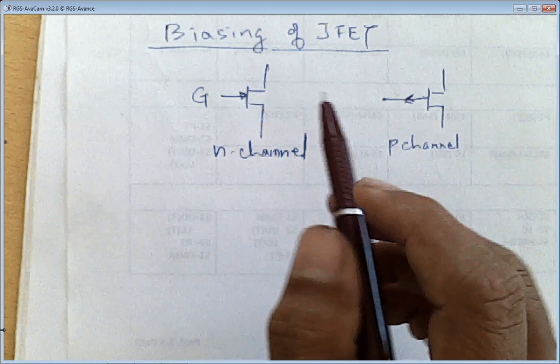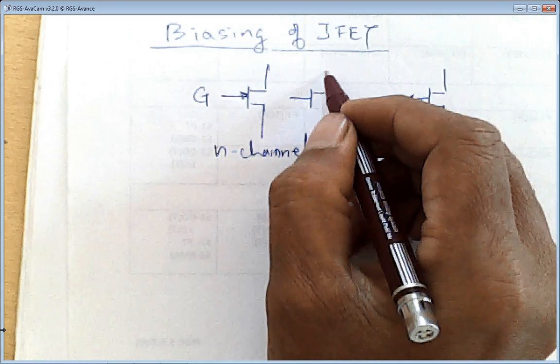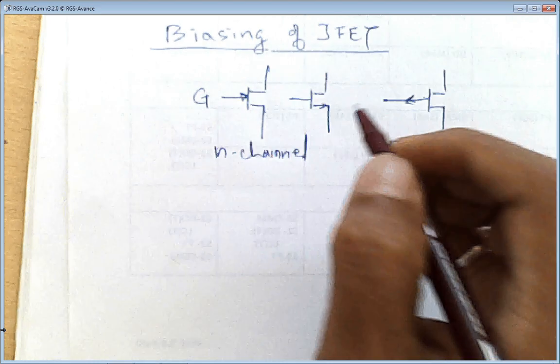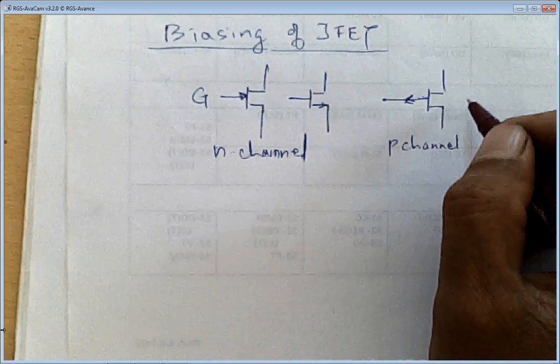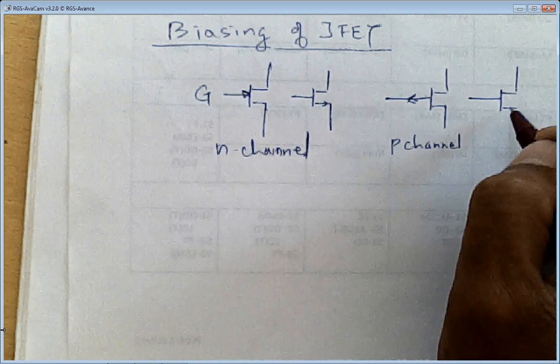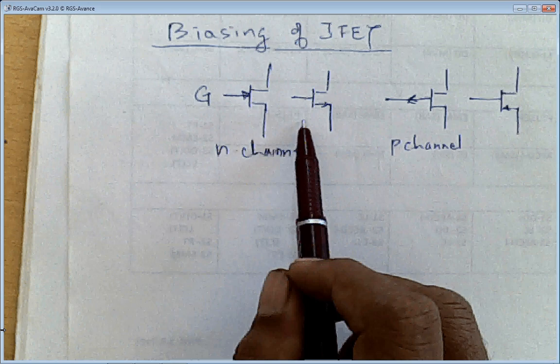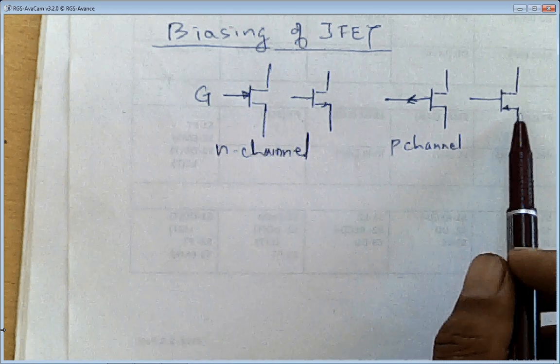The N channel can be represented in this fashion also, and even the P channel is represented in this fashion also. Both symbols are true, whether you are using N channel or P channel.